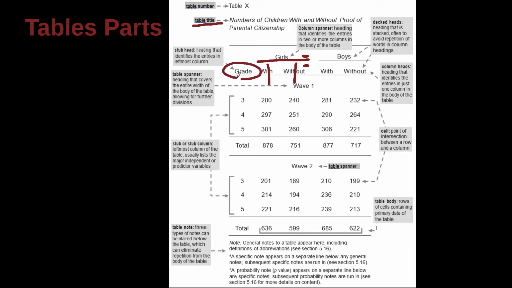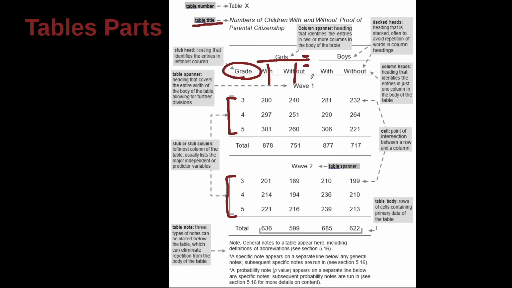It's just called a stub, and that identifies this leftmost column. It's saying this is what this represents. And then down here you can see these stubs or stub columns because we've got their grades levels, right? These are called stubs also, a little bit confusing.